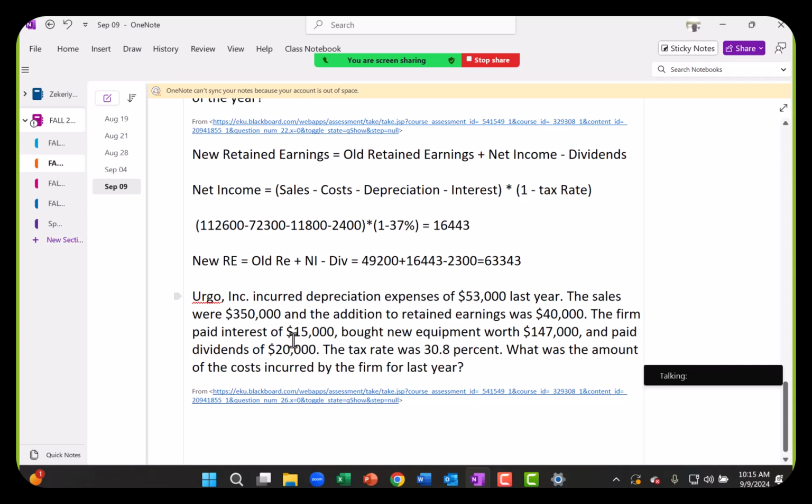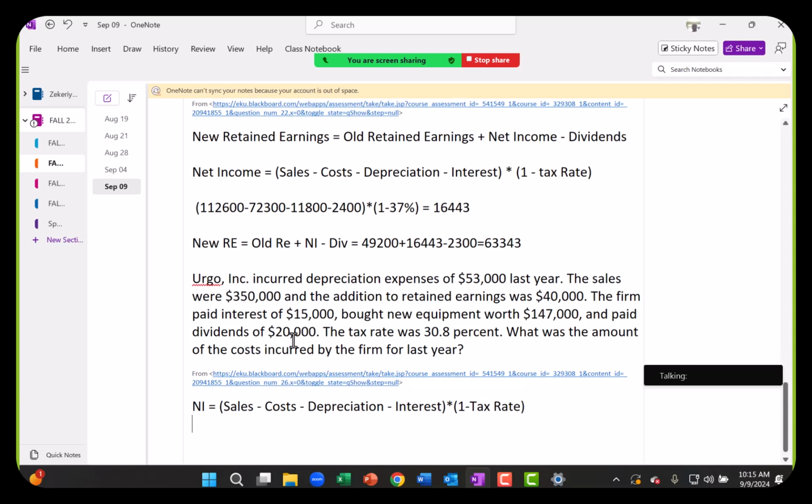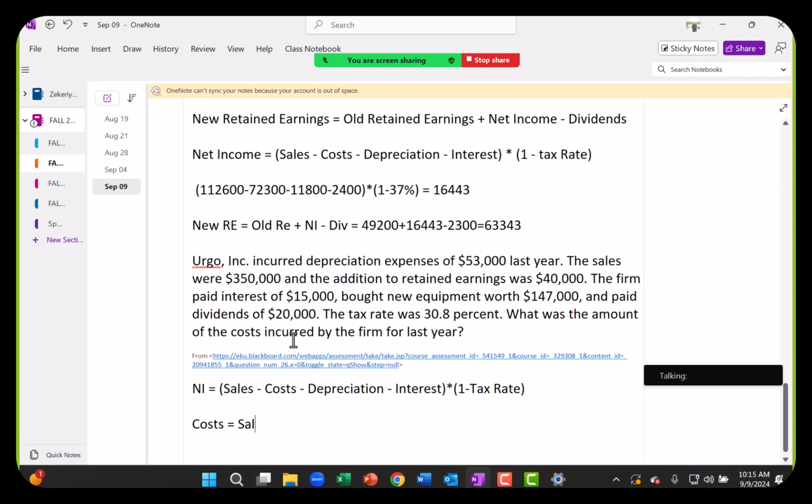Remember, net income is, the only thing we don't know is the net income, right?